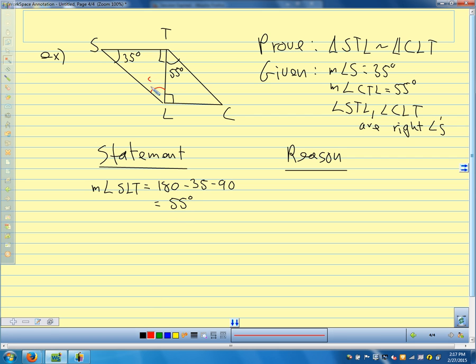And what would our reason be that we can subtract these two from 180? All angles in a triangle add up to 180. We could call it triangle sum. All right. So now we can say that angle SLT is congruent to angle, what did we call it before? CTL.